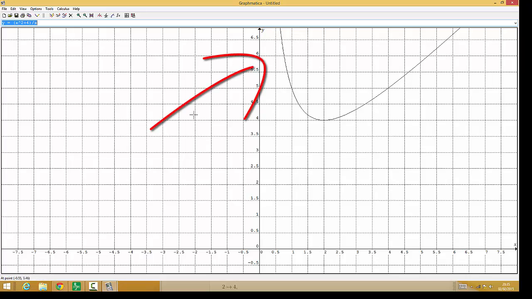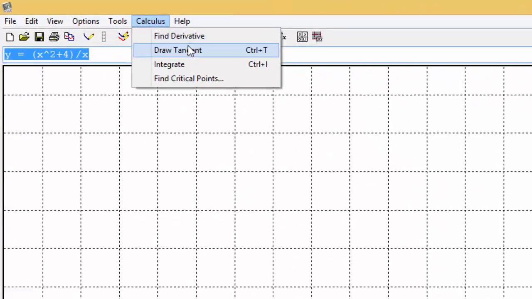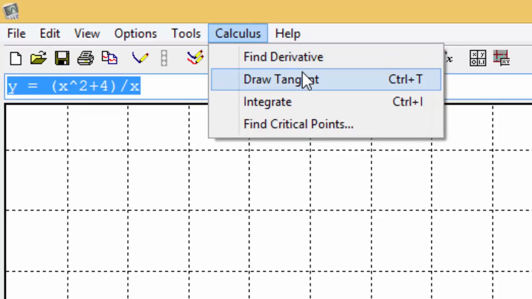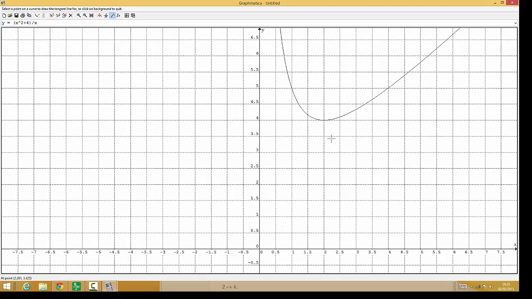I'll use calculus and find the draw tangent tool, which will help me find the gradient at different points. Just now we know that y equals 5, and there are two x values, x equals 1 or x equals 4, which we found earlier.